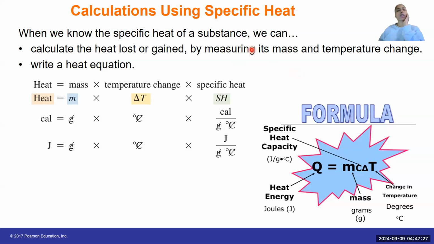So we know that we can calculate the heat lost or gained by measuring the mass and the temperature change. So the heat is equal to the mass of the substance times the temperature change times the specific heat. So what is our formula? Q is the amount of energy, m is the mass, c represents the specific heat, and delta T is the change in temperature, right?